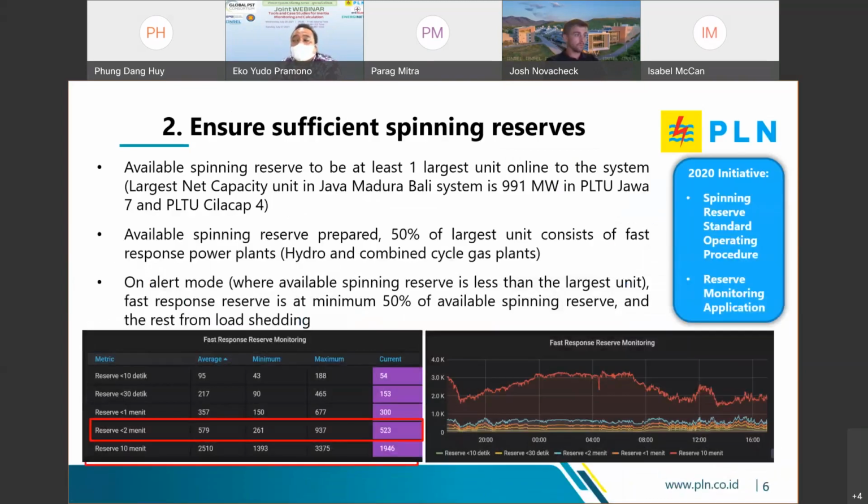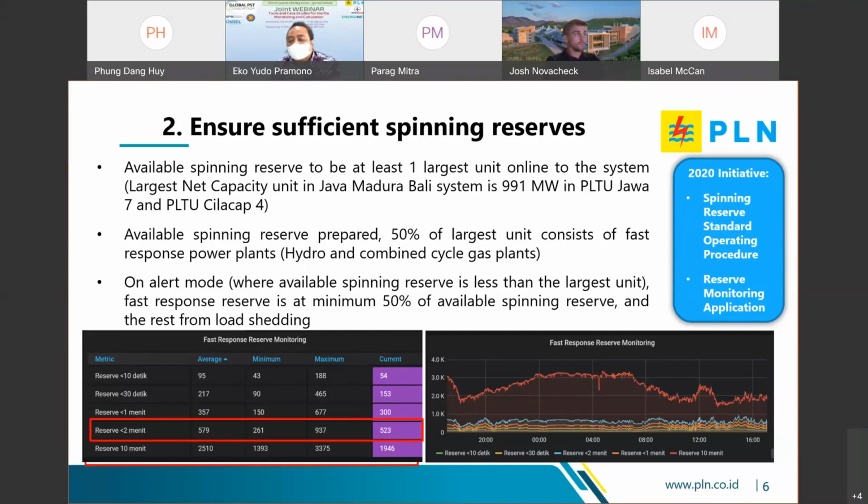How about the system reliability? Available spinning reserve needs to cover at least the largest unit online in the system. The largest net capacity in Jawa Bali right now is 991 megawatt, coal generation at Jawa 7 and Cilacap 4.